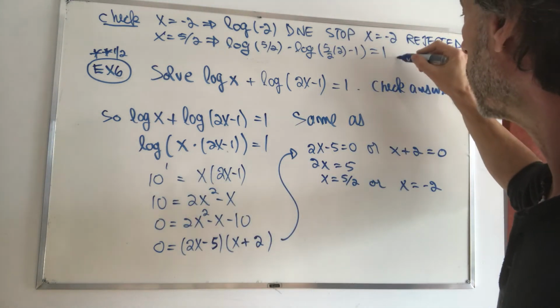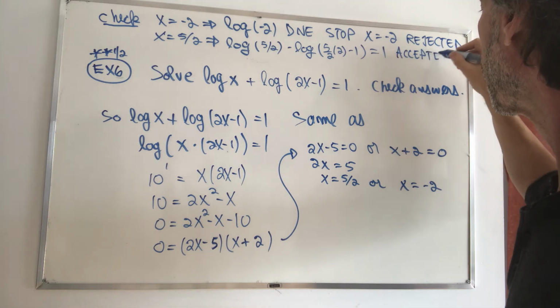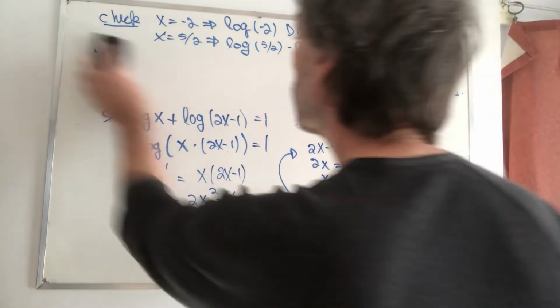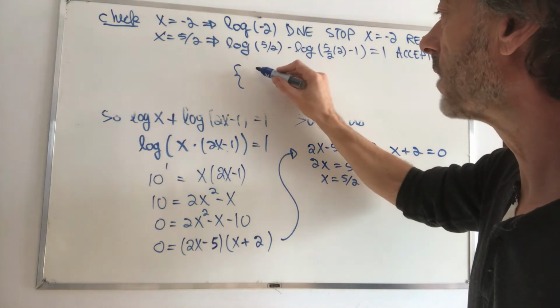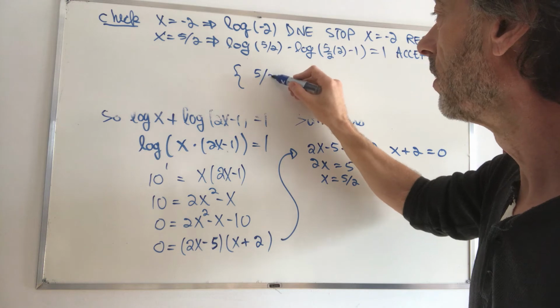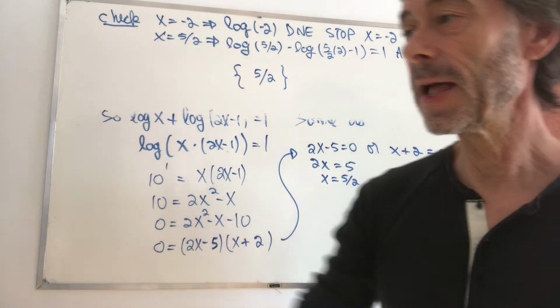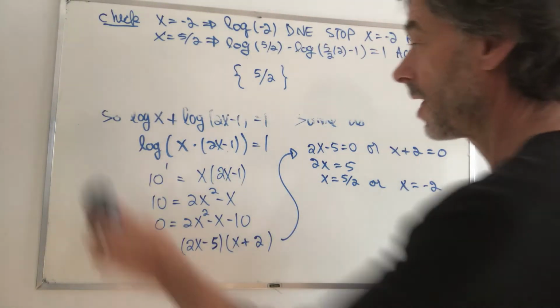It does check. Accepted. So the final answer to this is that x is equal to 5 over 2. And that's that.